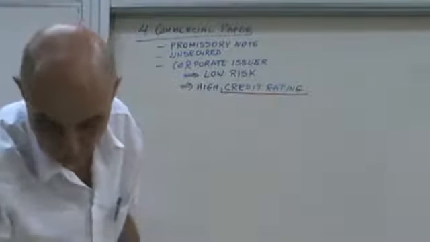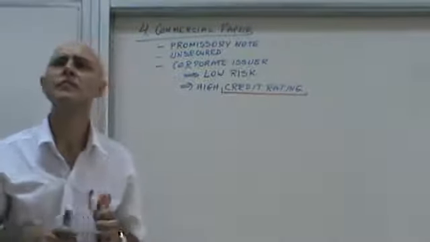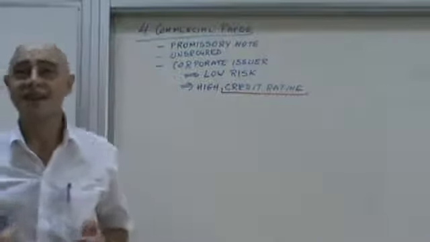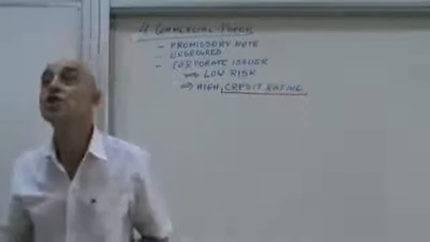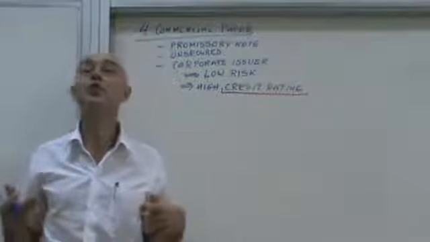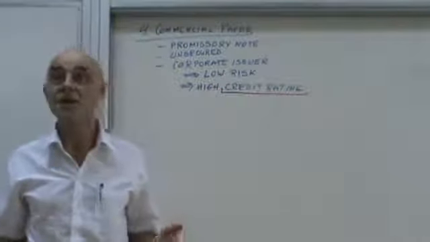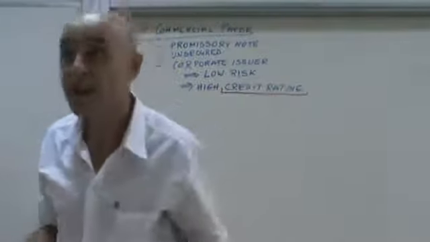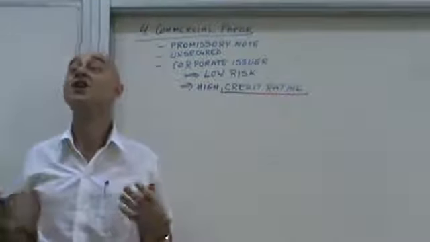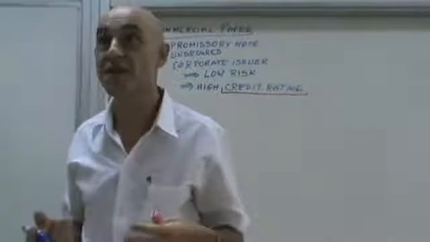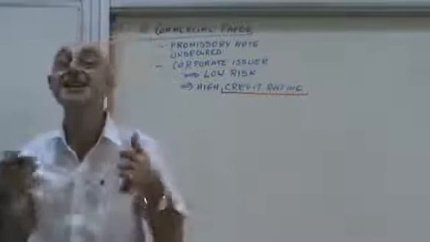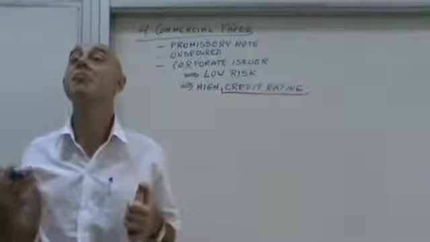So, can the credit rating be bought by the company? The answer is it should not be able to be bought, but in the real world, because the world is corrupt and credit agencies in America are corrupt, it is routinely bought.